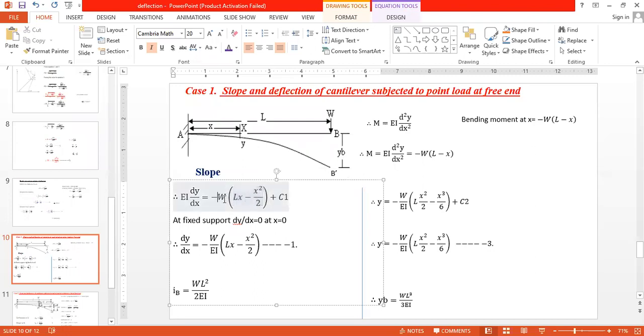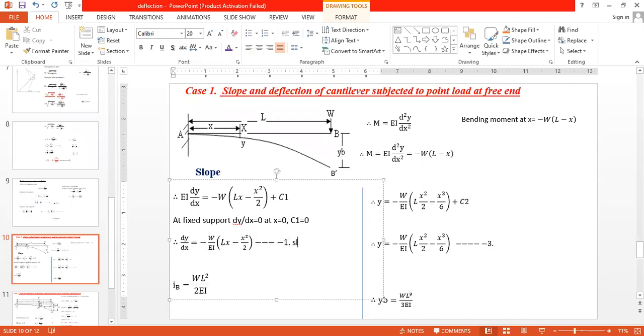Therefore c1 equal to 0. This is the constant of integration. Now when we put c1 equal to 0 in this equation, you will get dy by dx equal to minus w by EI into (Lx minus x square by 2). This is your slope equation.